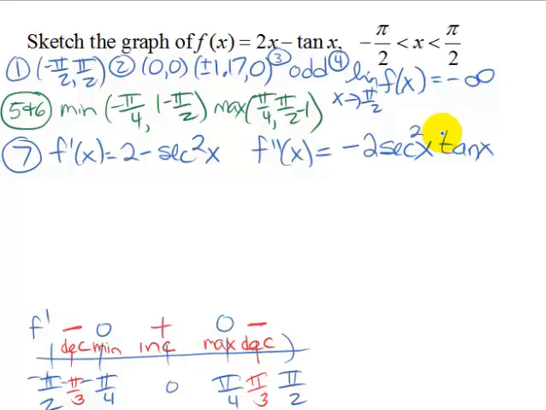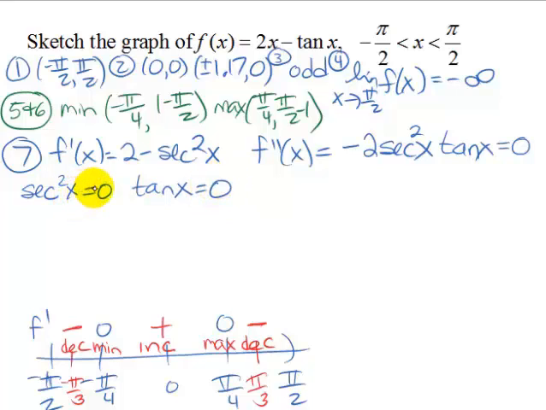So now we want to determine when this equals 0 or is undefined, and again it won't be undefined with denominators of cosine x's on these. It won't be undefined on this interval. So let's figure out where it would equal 0. It would equal 0 whenever secant squared x equals 0, or whenever tangent x equals 0.